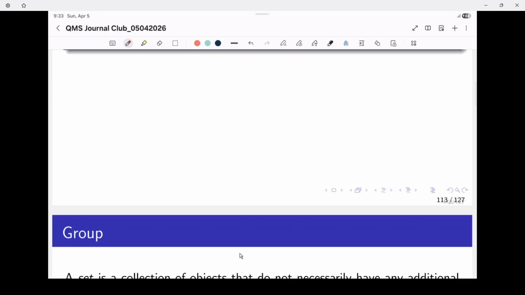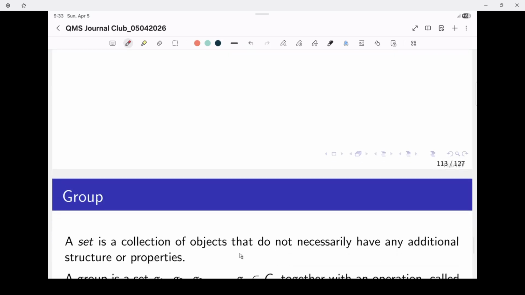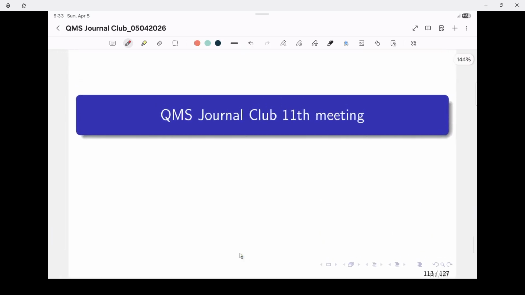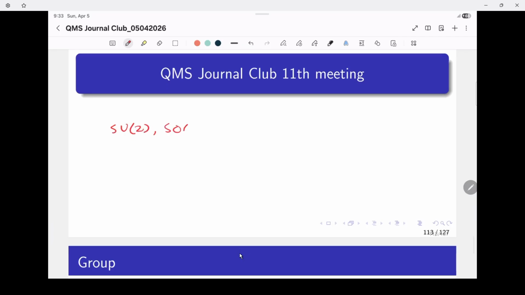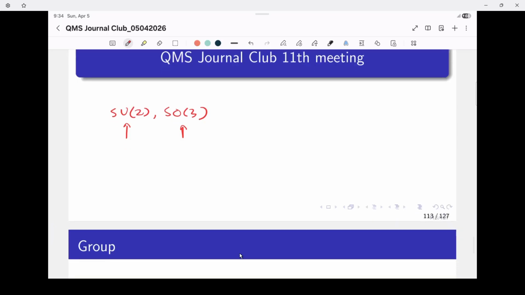I will probably just cover very quickly all the elements of abstract algebra, and then hopefully I want to go to these two groups, SU2 and SO3, so that you can understand the relationship between your unitary matrices on a single qubit and how it affects your rotations on your Bloch sphere. So this will be the target for at least the next two journal clubs before we go back into Nelson and Chuang.